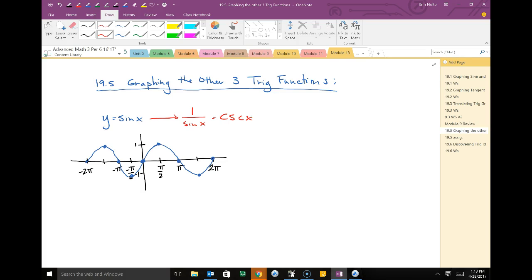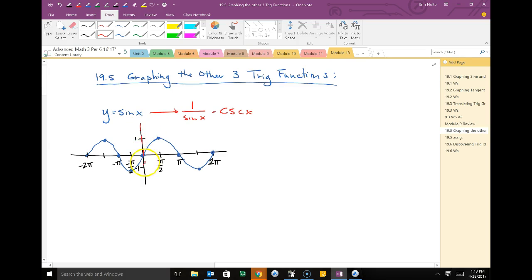So we are going to have a vertical asymptote at x equals 0. We are going to have another one at x equals pi, and then another one at 2 pi. And you can see that in the negative direction, there's one at negative pi and negative 2 pi.